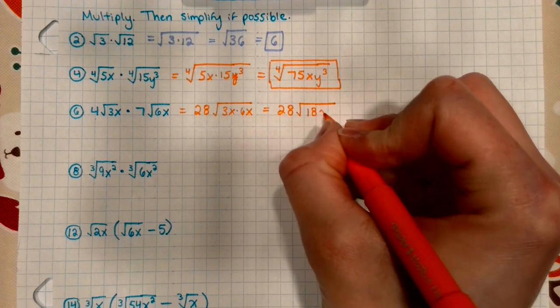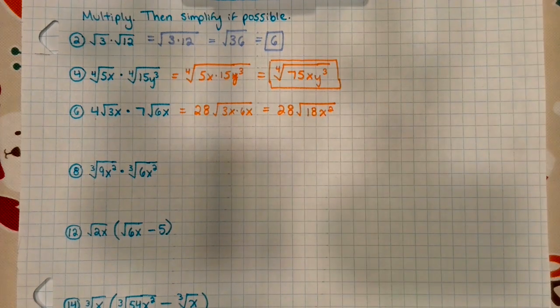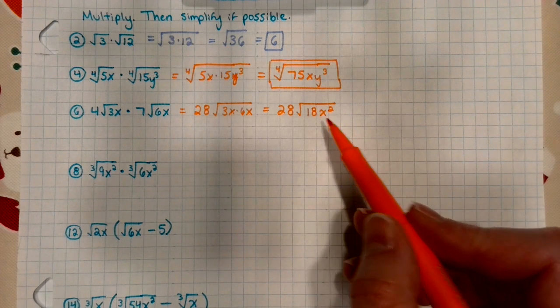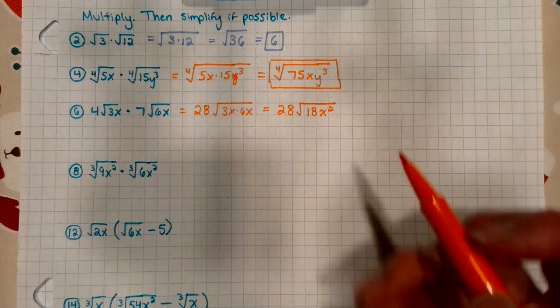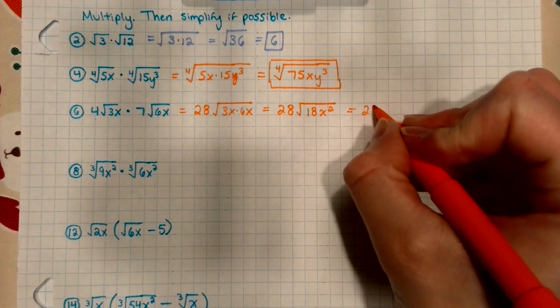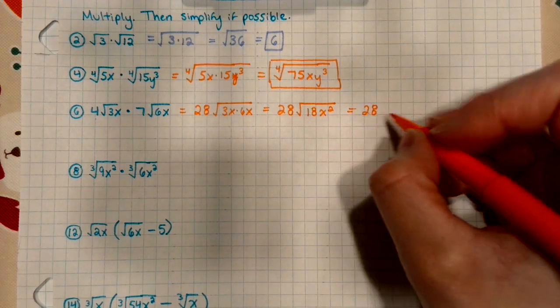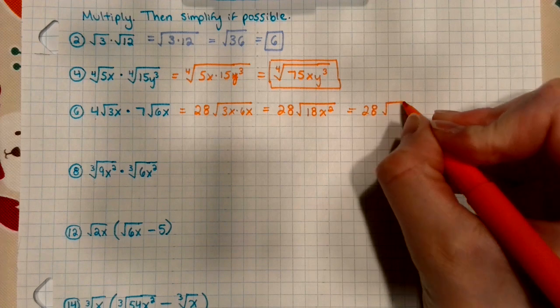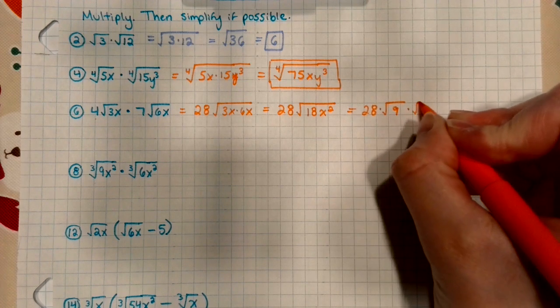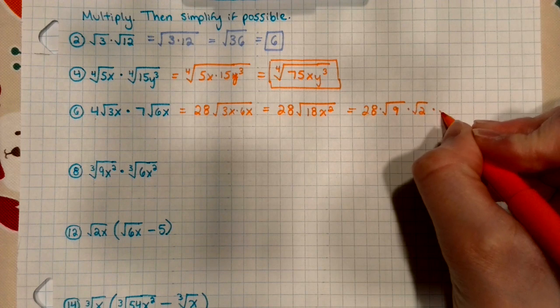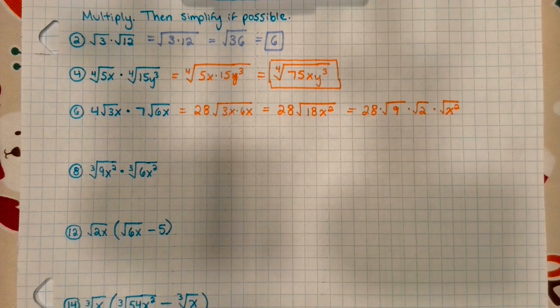which is going to be 18x squared. And this is where we have to go a little bit further with this question because 18 has a perfect square factor, and x squared itself is a factor that you could take the square root of. So now this is going to be 28, and we're going to break apart the square root of 18 so that we have the square root of 9 times the square root of 2, and then this x squared on its own. So we're almost now using the product rule in reverse compared to what we had done at the start.